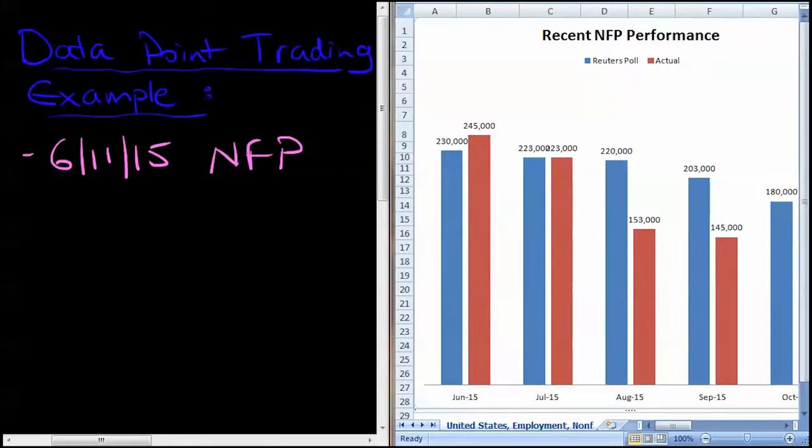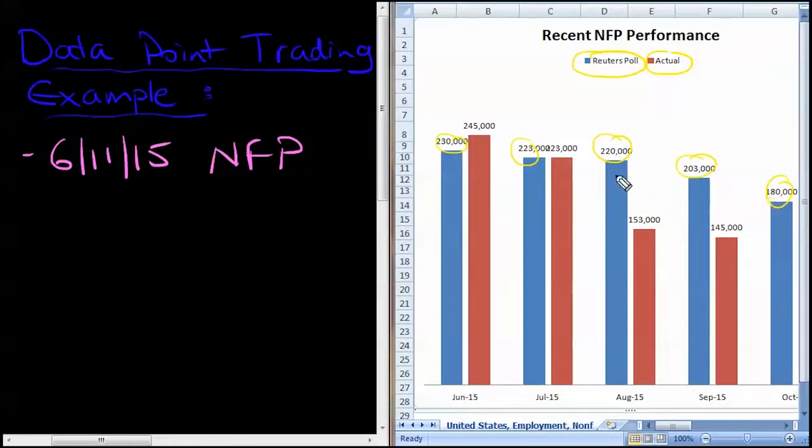So as you can see, all these blue histograms are the Reuters poll, and then red is the actual figure that came out. So overall, you can see the range of the Reuters polls between about 230,000 to about 180,000. Obviously, 180,000 is what we're expecting for this one. Overall, we're in about these ranges: 223, 220, 203, and obviously it's the lowest one here.